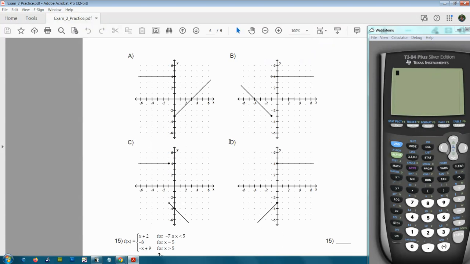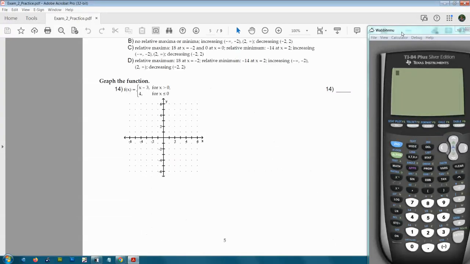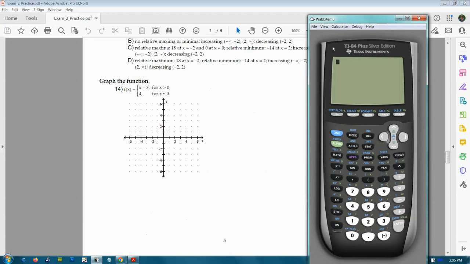This guy's got a solid dot at 4, but values of x are getting larger. Here I want values of x that are less than or equal to 0. So A is the only one that's got the right second part. So in essence, I'm done. But just to walk you through these piecewise functions.